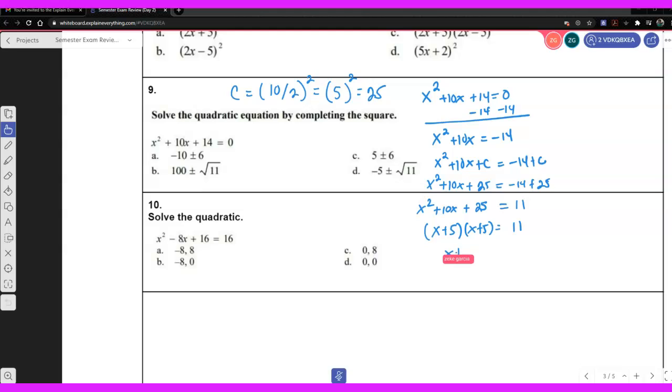So this is x plus 5 squared equals 11. Get the square root of the left side, square root of the right side. So we have x plus 5 equals plus or minus square root of 11. Subtract 5 from both sides, so you have x equals negative 5 plus or minus square root of 11. And that's how you complete the square.